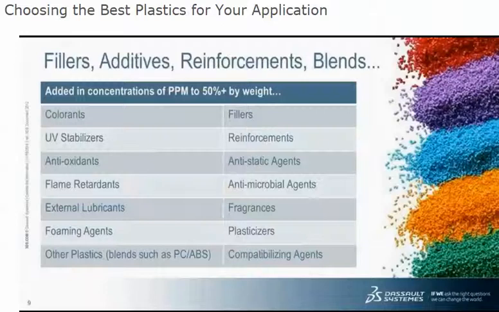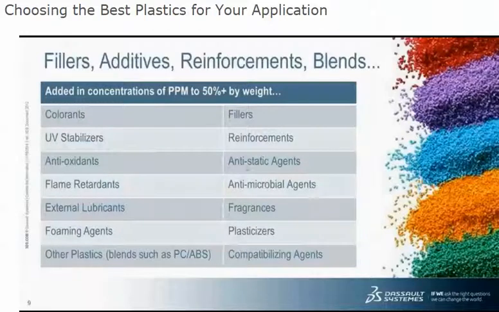These include things like colorants, UV stabilizers, flame retardants, foaming agents. Blends might be other plastics. You add one plastic to another plastic. Fillers, reinforcements to make the material stronger, glass fibers, and so on. And this list goes on and on and on.